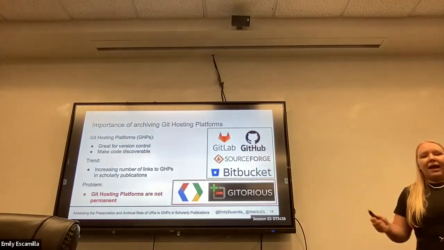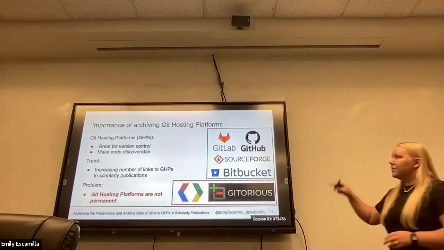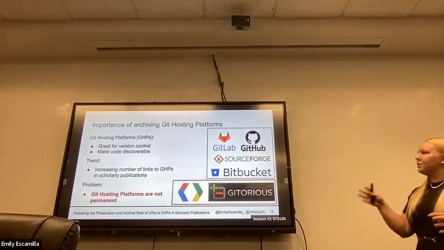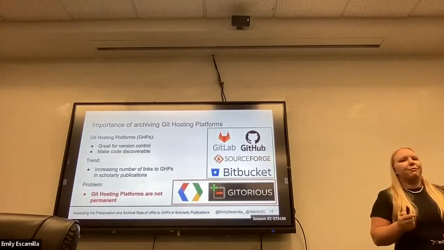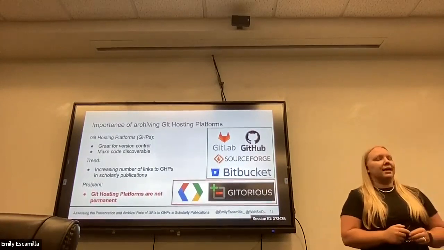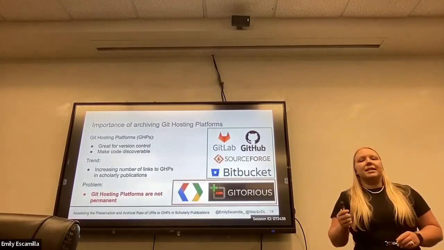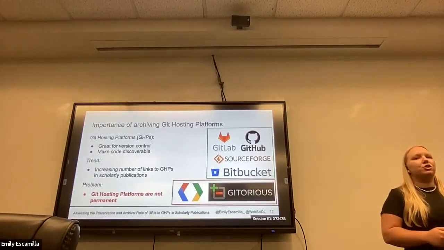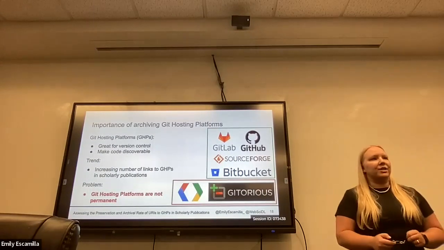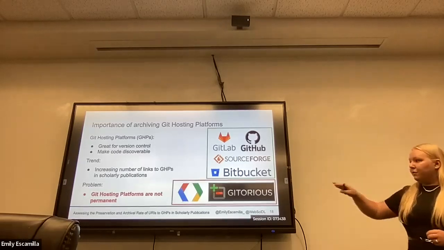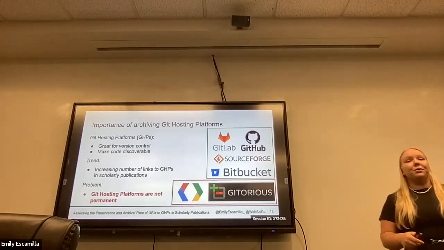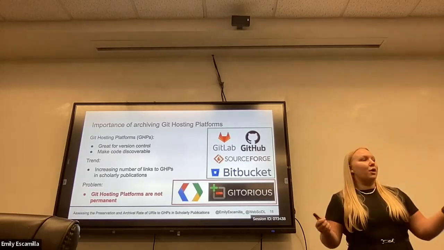So Git hosting platforms are really commonly used. On the right, we have a bunch of logos for different Git hosting platforms or GHPs. They're great for version control and make code discoverable. But as we've already mentioned, there's an increasing number of links to GHPs within scholarly publications, but they're not permanent. If you've never seen these logos on the bottom, they're for Google Code and Gitorious, and they no longer exist.